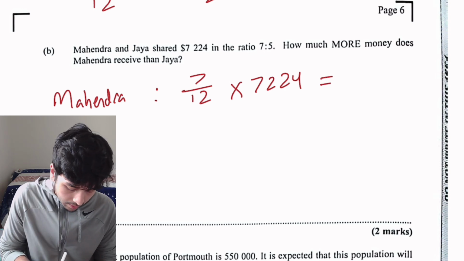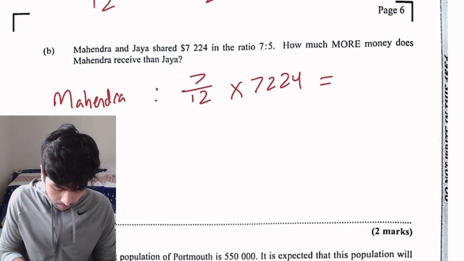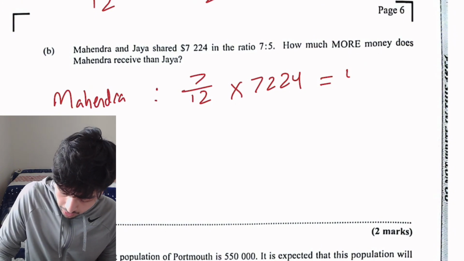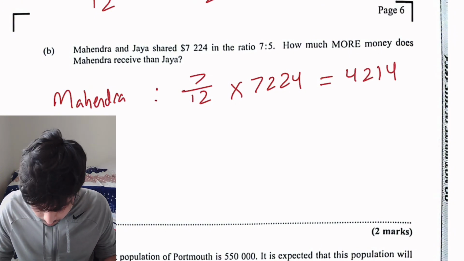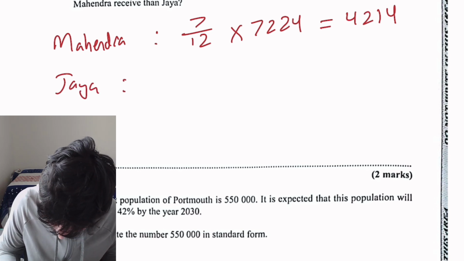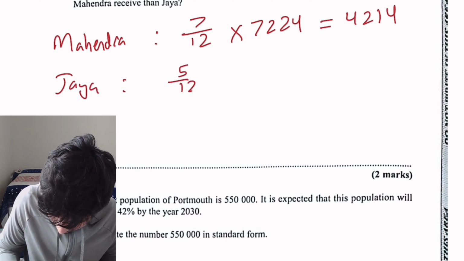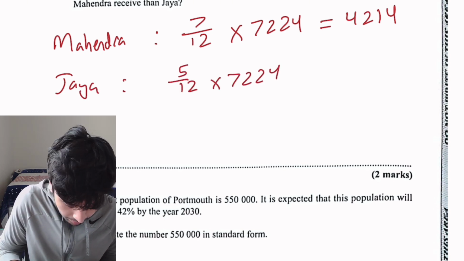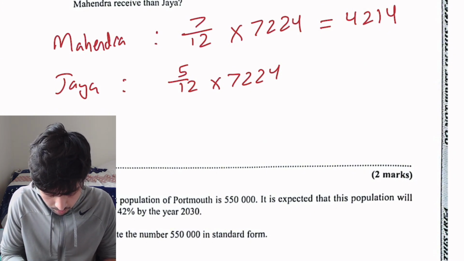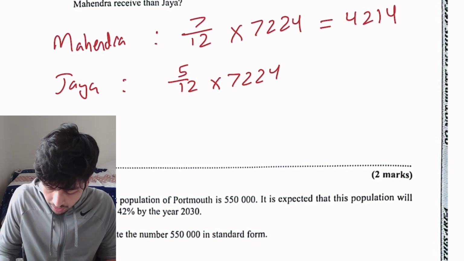That would be 4,214. Jaya gets 5/12 out of 7,224. That is 3,010.